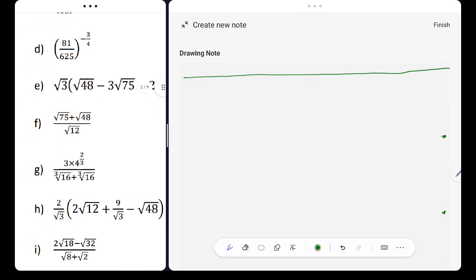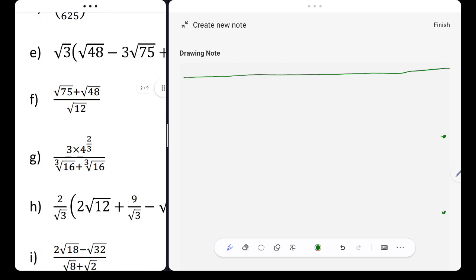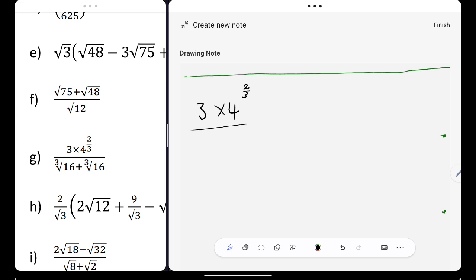Sometimes you won't have square roots. For example, here it has cube roots. Are you together? So, this is so dumb. Okay, 3 multiplied by 4, cube root of 16.